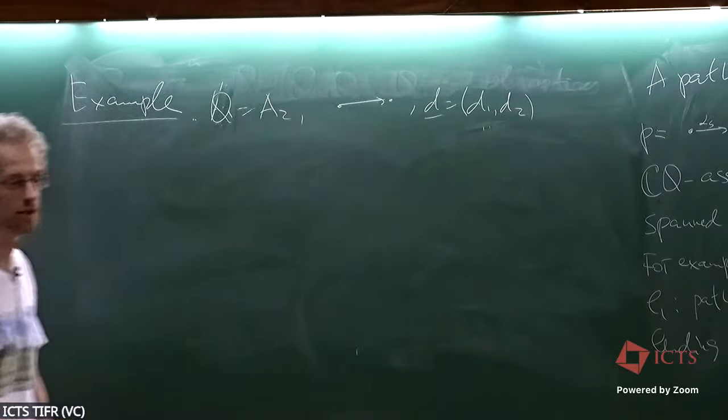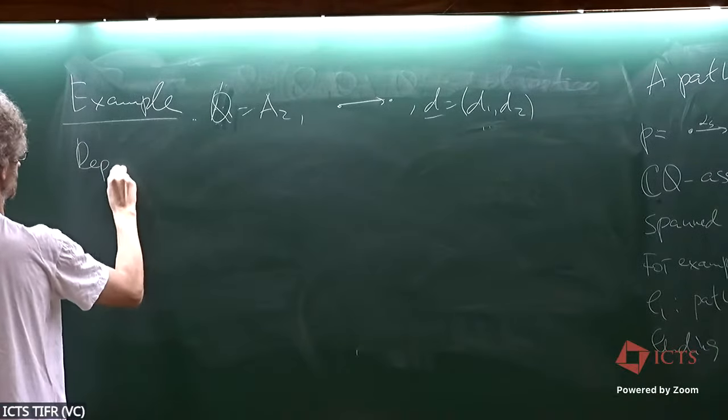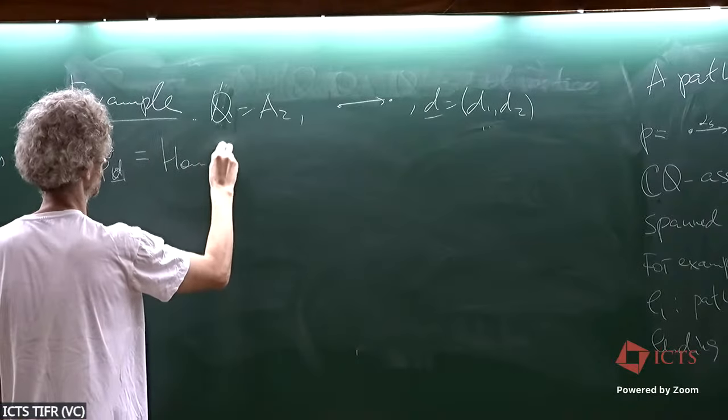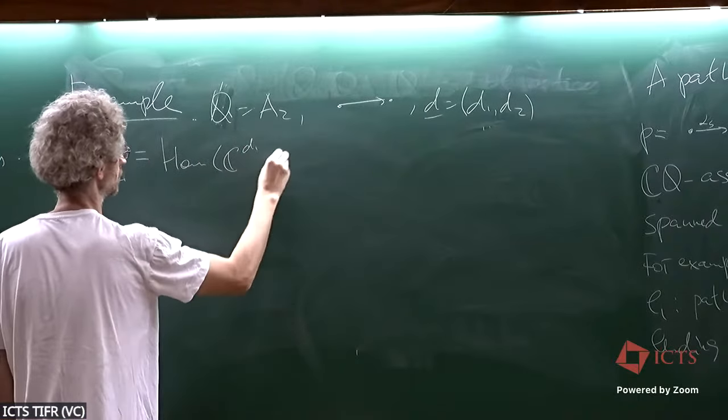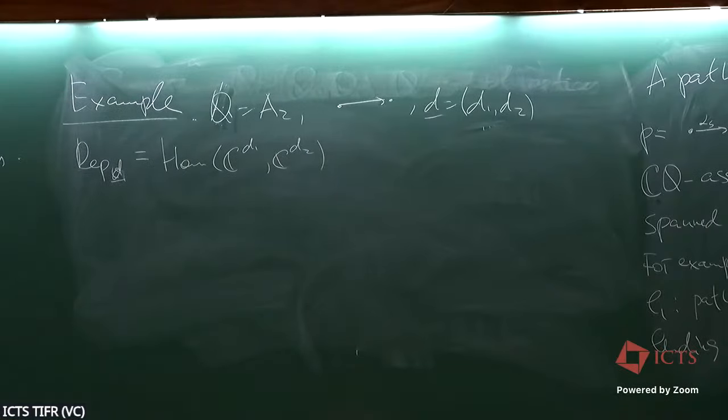And so our representation space is simply Hom space from C^D1 to C^D2. Okay, and then what are the isomorphic representations?